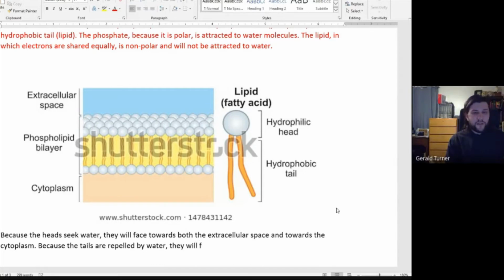They will be on the inside of the phospholipid bilayer.